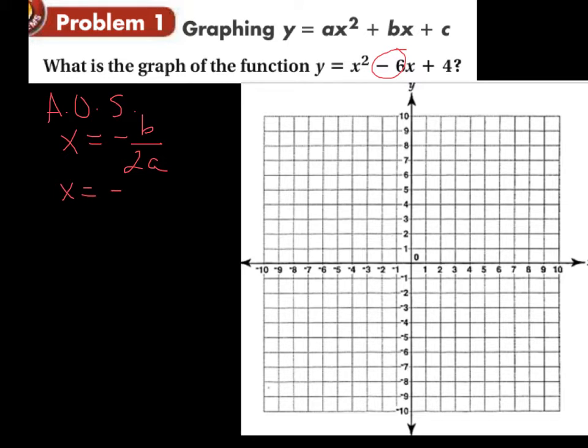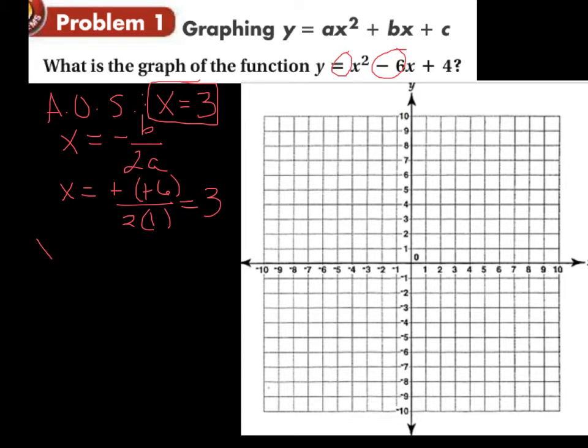So we have the opposite of negative 6 divided by 2 times a. Our a is the coefficient of x squared, which in this case is 1. When we take the opposite of negative 6, that gives us a positive 6 divided by 2, which gives us 3. So our axis of symmetry is the line x equals 3. We must write the axis of symmetry in that form because it is a vertical line. It is not just the number 3, it is the line x equals 3.